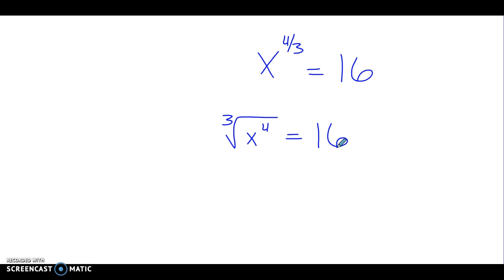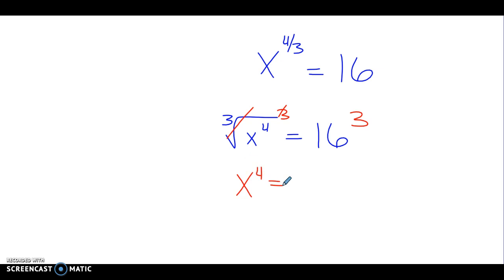So now we have a cube root and a 4th to deal with. Let's just ignore the 4th. How can I get rid of a cube root? Cube both sides. So the cube root and the cube cancel out, but I still have an x to the 4th.